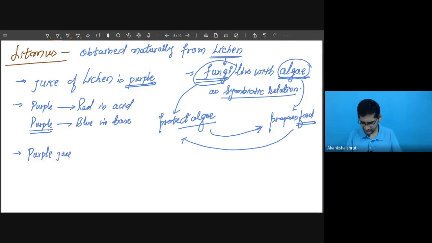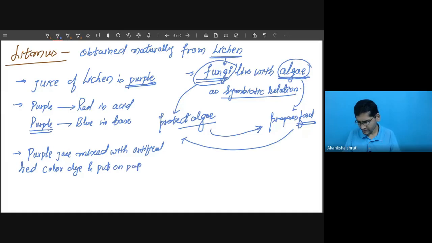The juice is mixed with artificial red color dye and put on paper to get what we are getting.